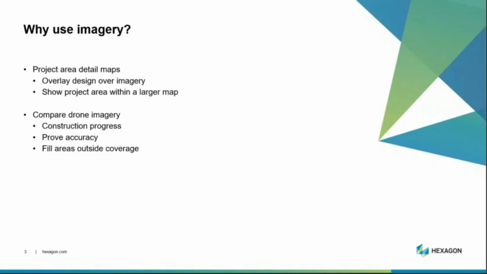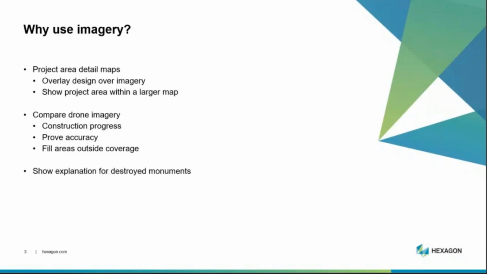You might want to compare your drone imagery with that imagery that you gathered from another source to show construction progress. You can prove the accuracy of your drone imagery. Or I personally have also used it to fill areas outside of your drone coverage when you're showing a larger map.